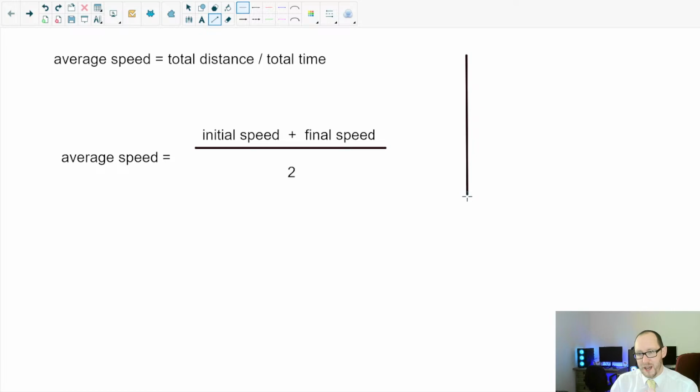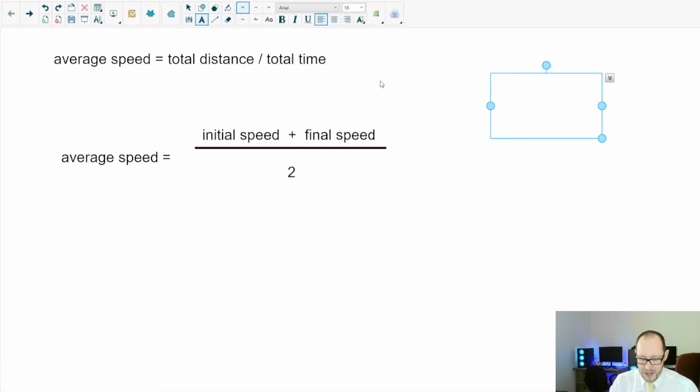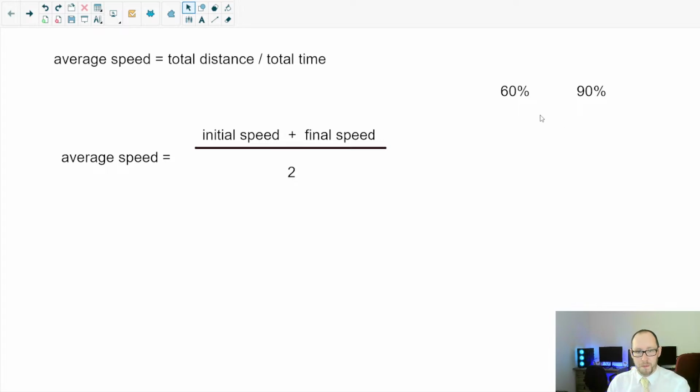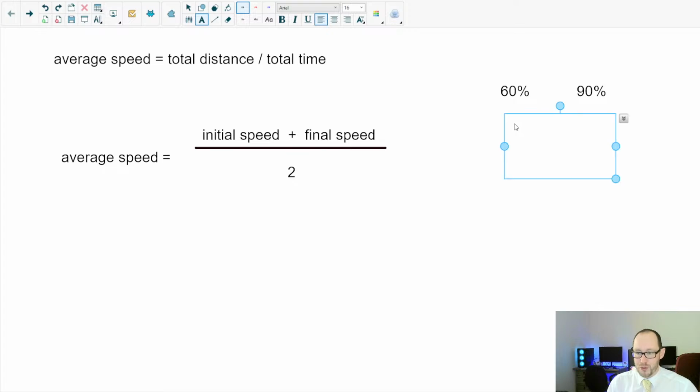It is the idea that if I have two numbers, right? If I have two people in my class, one of them gets 60% in the test, not in my class they don't, and the other one gets 90% in the test, and I've only got two kids in my class because I must teach at some super posh private school, then to calculate the average of those two things, I would do 60 plus 90, which would give me a total of 150.